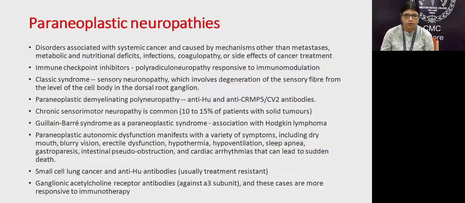Paraneoplastic neuropathies, the classic syndrome is a sensory neuronopathy where there is involvement of the dorsal root ganglion, seen especially in small cell lung carcinoma.